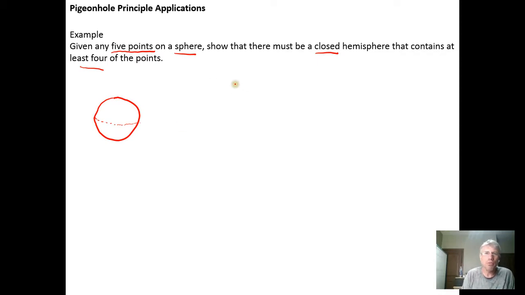So the way you could run this argument is to suppose I have a sphere, with a center, and now take 5 points and distribute any 2 of them, it doesn't matter which 2 you pick, onto the sphere. The moment you do that, the 2 points on the sphere plus the center of the sphere form a plane.